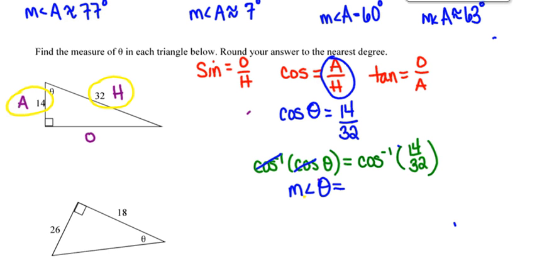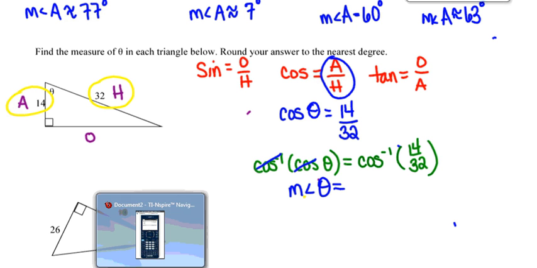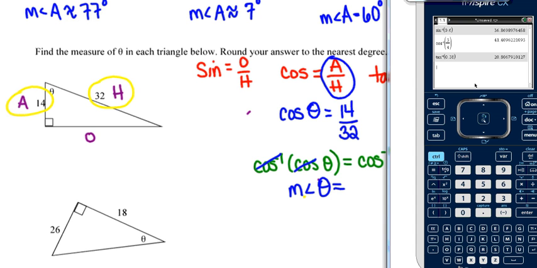On the right side, I can now use my calculator to evaluate the value of cosine inverse of 14 over 32. So I'm going to use inverse cosine of the ratio 14 over 32.